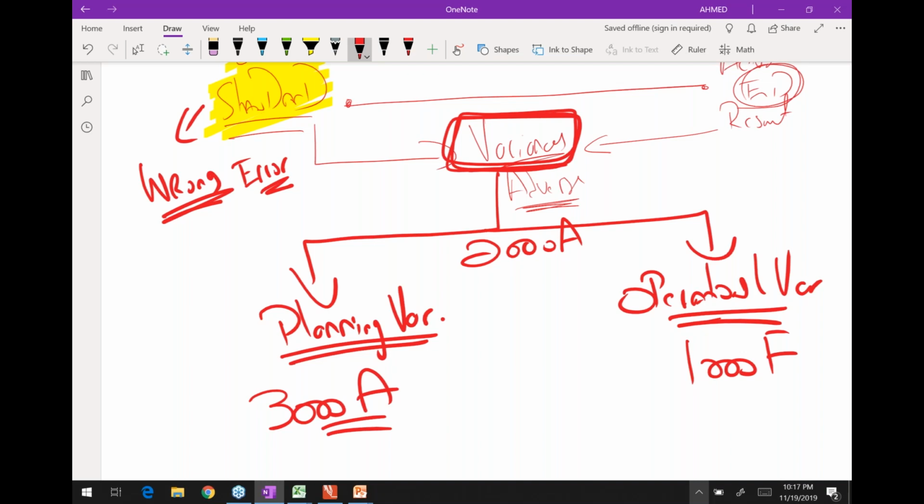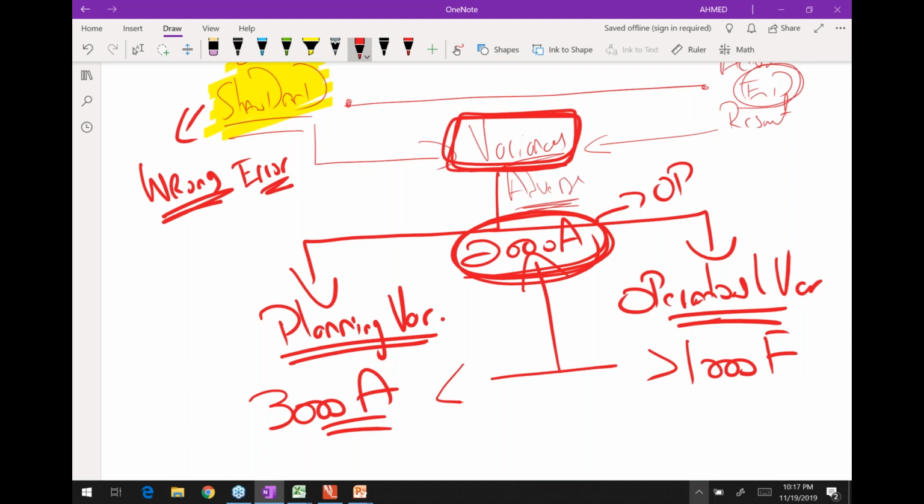Okay. Leave certain things for the examiner as well. So planning variance is 3000 adverse and operational 1000 favorable. If you just net off these two, what you will get? 2000 adverse. So by looking at this 2000, the entire blame was going on the operational team. We were blaming the operational team.